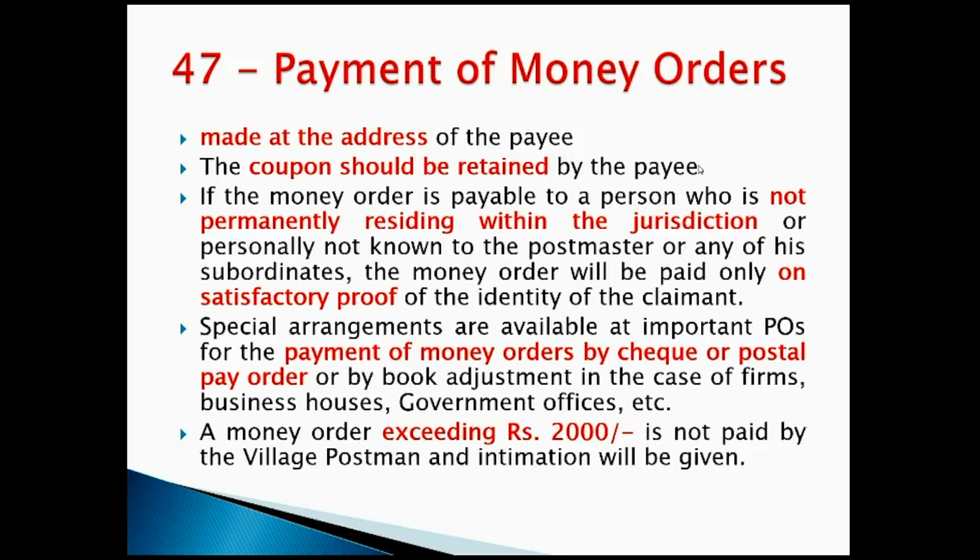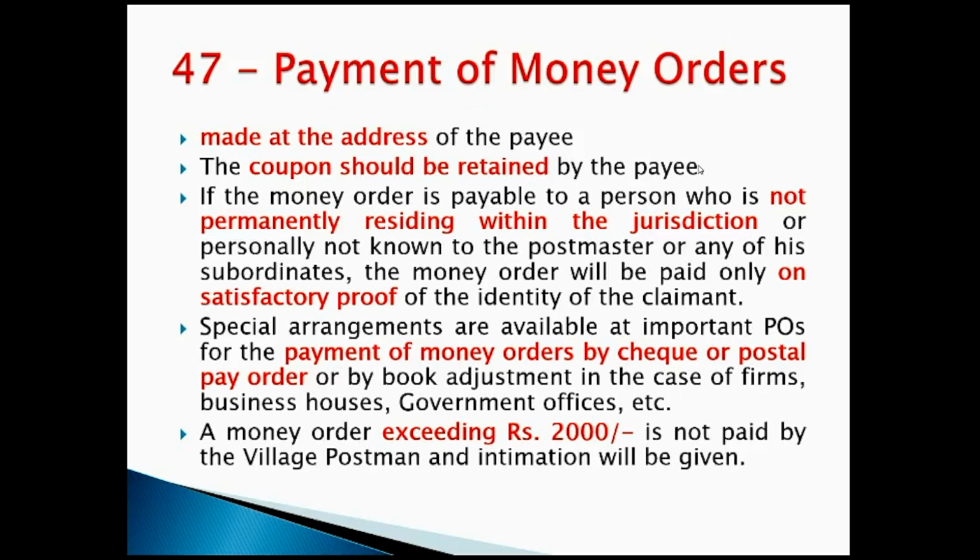If there is any doubt about his identity, or if the postman is unsure about his residence in that area, he can deliver the money order only on proper identification and satisfactory proof of identity of the claimant.